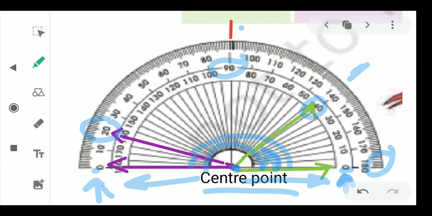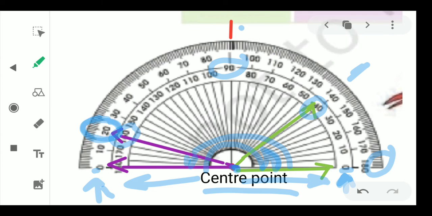Inner reading again for this angle. The inner reading is showing about 160 degrees. On the left side, this is an angle of 20 degrees. Use the outer side for the reading here.